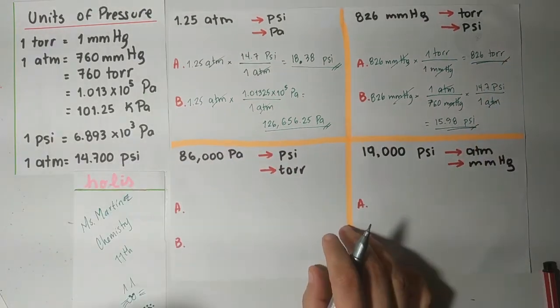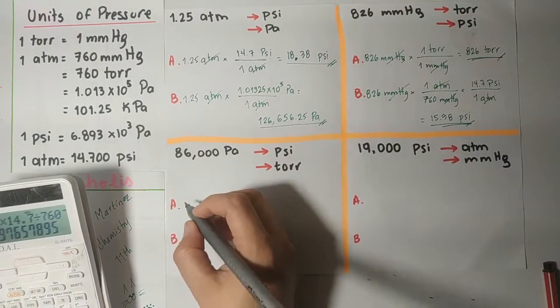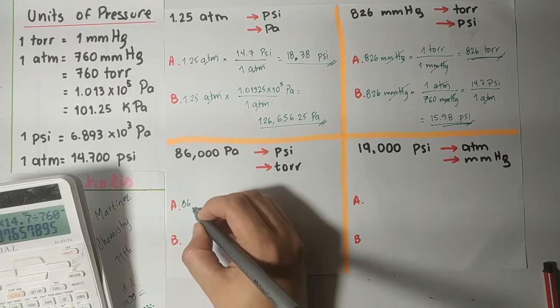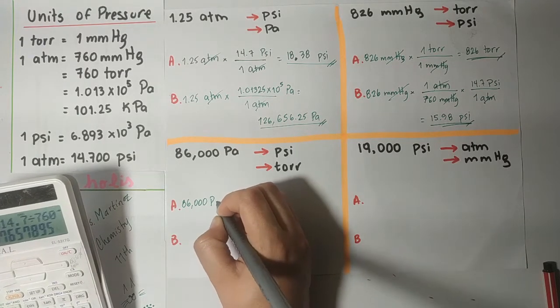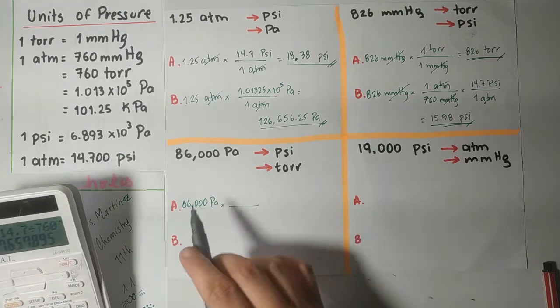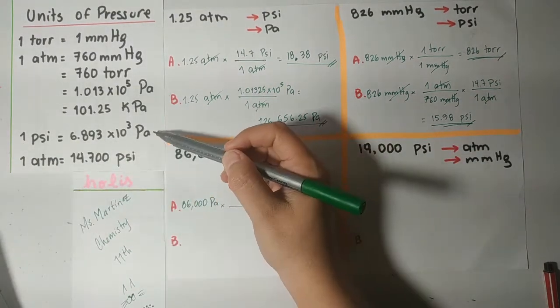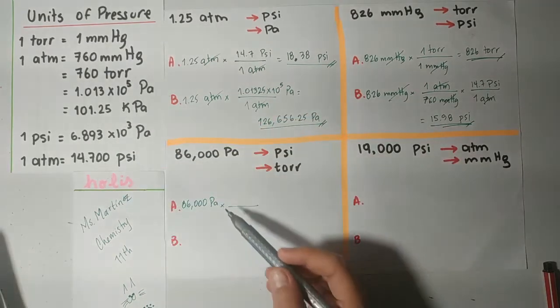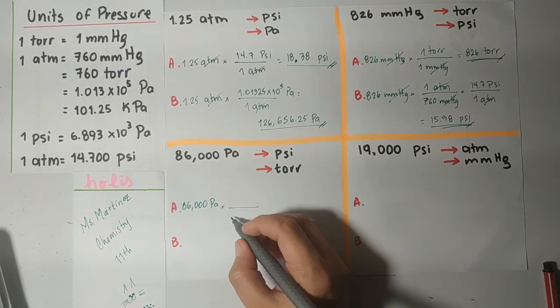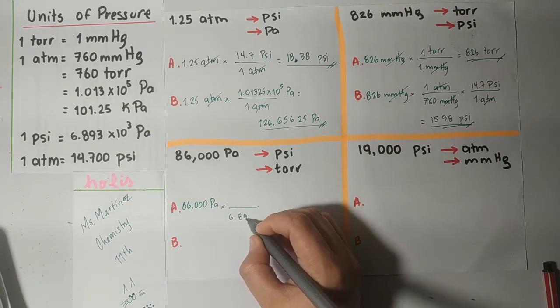Let's continue. 86,000 pascals to PSI. Okay, from pascals to PSI, we have this conversion. So pascal should be written in the bottom. We say 6.893.